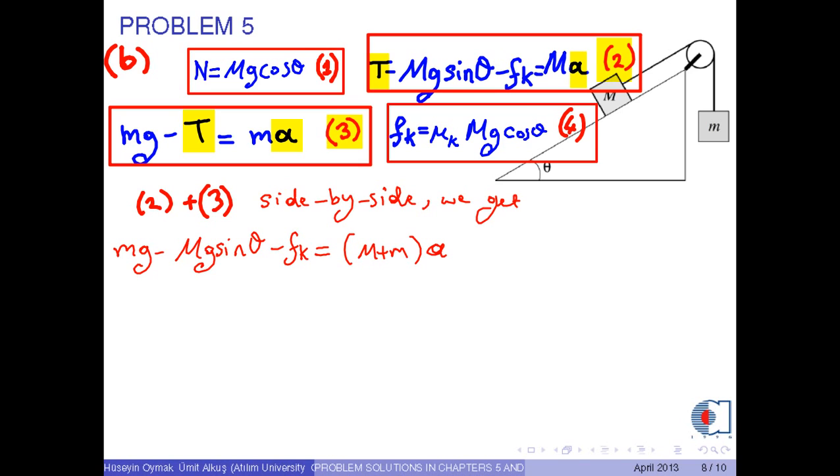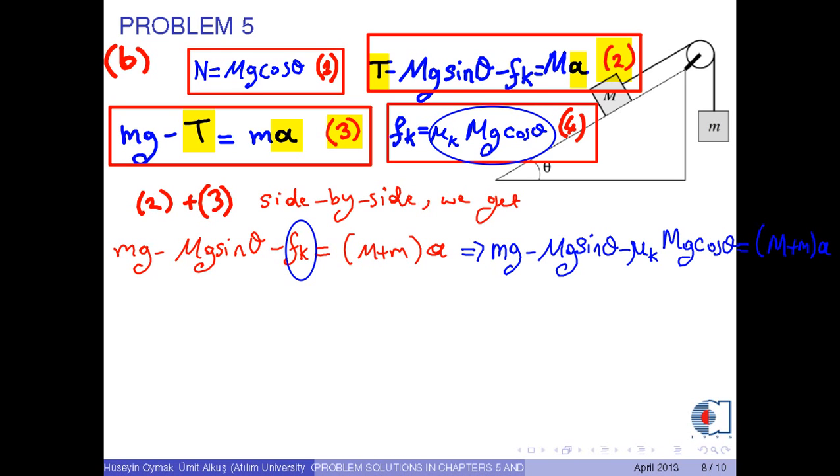Put the value of fk in equation 4 into here to obtain small m times g minus capital M times g times sine theta minus mu k times capital M times g times cosine theta, which is equal to capital M plus small m times a.